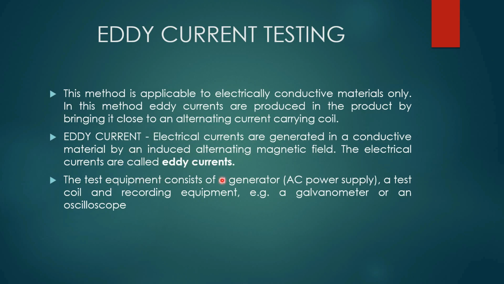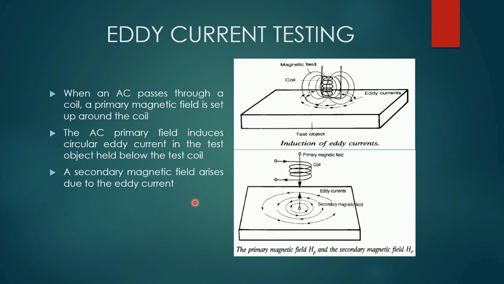In this test, a generator is used, a coil and recording equipment, that means a galvanometer or an oscilloscope is used. So you can see over here, one coil is there. When an alternating current passes through a coil, a primary magnetic field will be generated around that particular coil. The alternating current primary field induces circular eddy current in the object which is held below the coil.